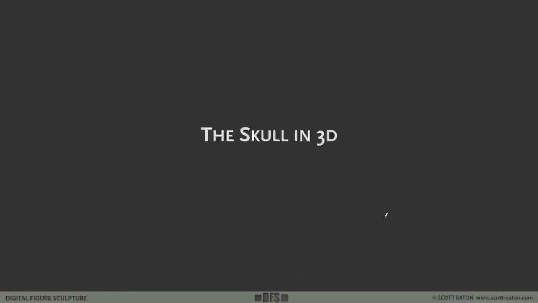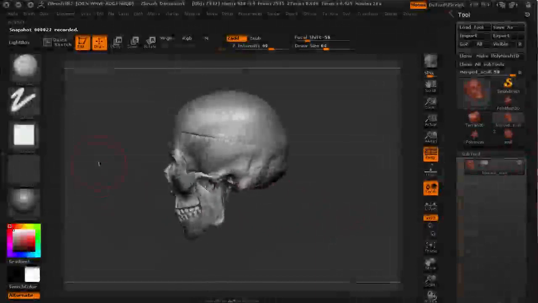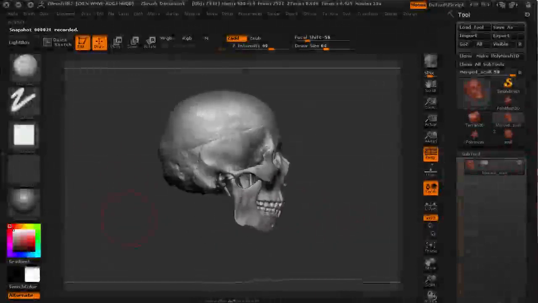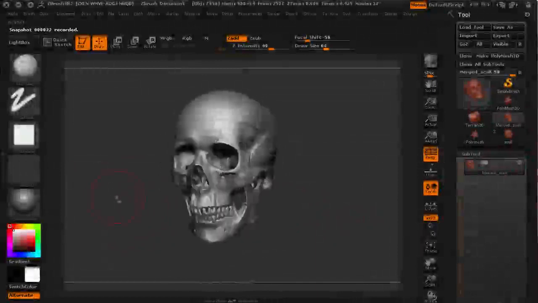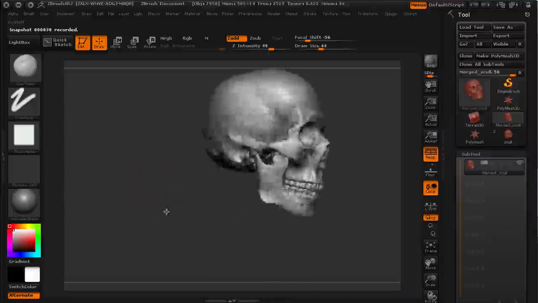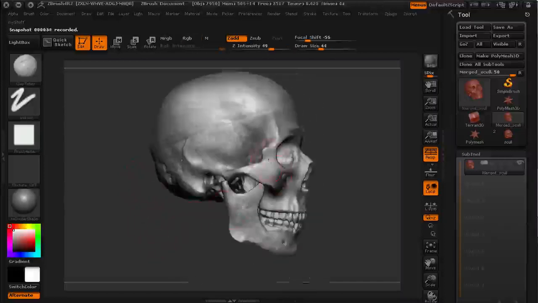Okay, and now let's just take a quick look at the skull in 3D. In ZBrush, I have a skull in front of me, and this is a scan of a cast of a real skull, right? So it's fairly accurate to one person somewhere in the world when they were alive.